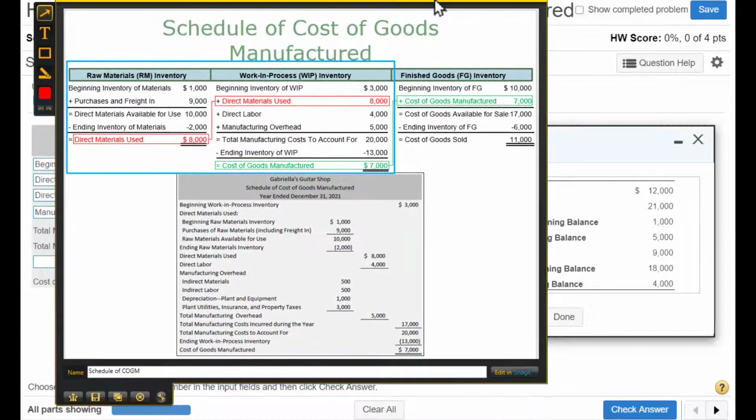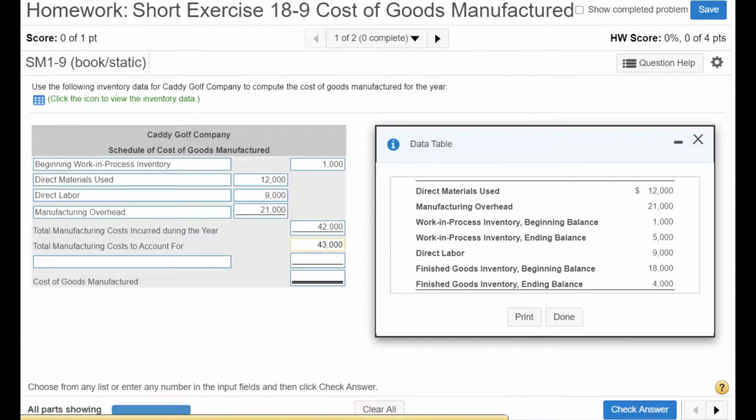And then the last thing we do is we subtract our ending work in process. So we had 43,000 to account for. Our ending inventory in work in process, here we go, 5,000.